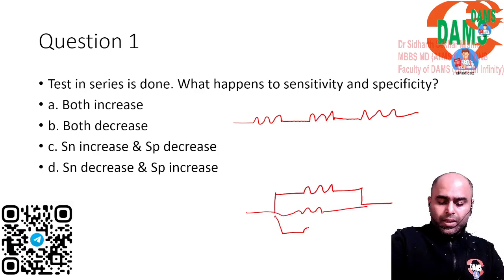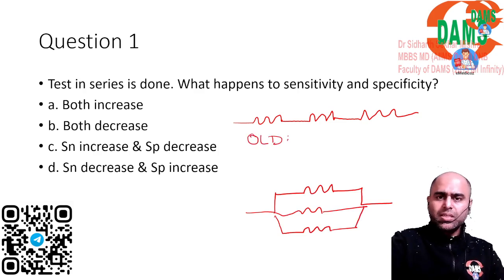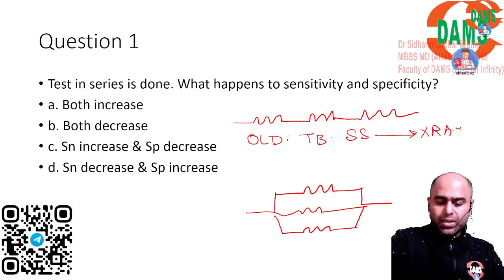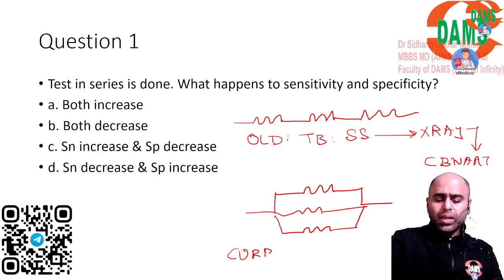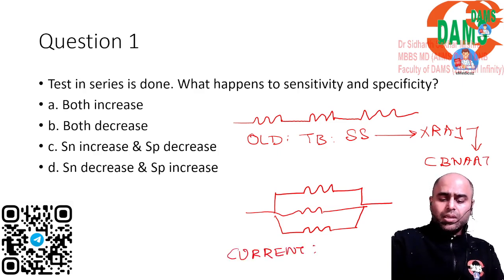In earlier days, tuberculosis used to be done as series testing. We used to do sputum smear first. If positive, then X-ray. If positive, then CBNAAT. But in the current diagnosis for TB, we do sputum smear, X-ray, and CBNAAT all at the same time.